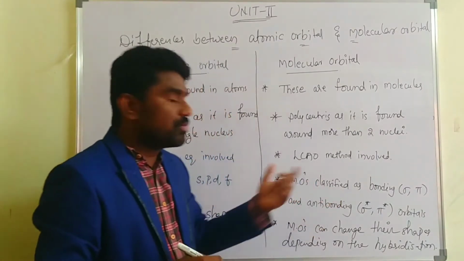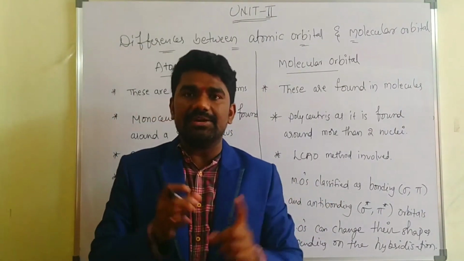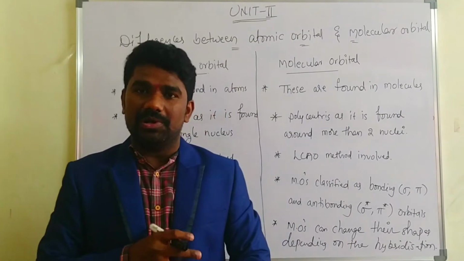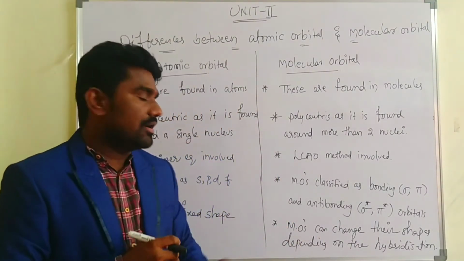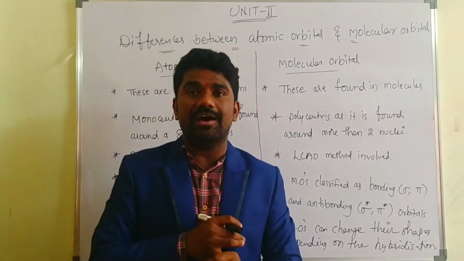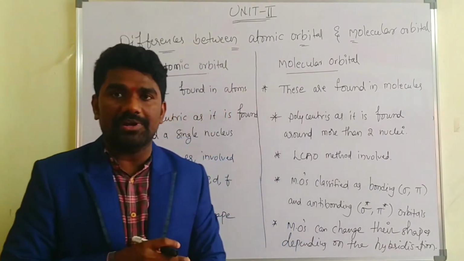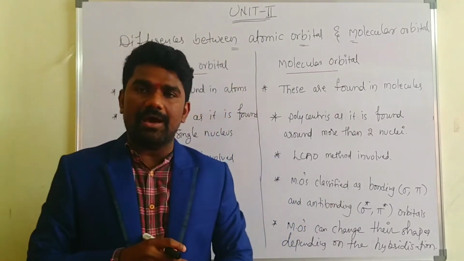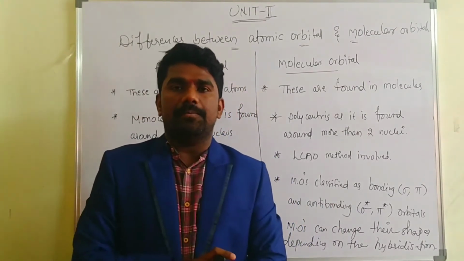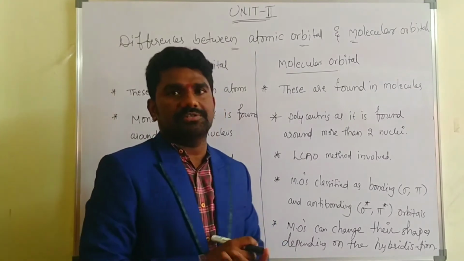The first one is bonding molecular orbital and the second one is anti-bonding molecular orbital. In the bonding molecular orbitals, we have sigma and pi orbitals. In the anti-bonding molecular orbitals, we have sigma star and pi star orbitals.